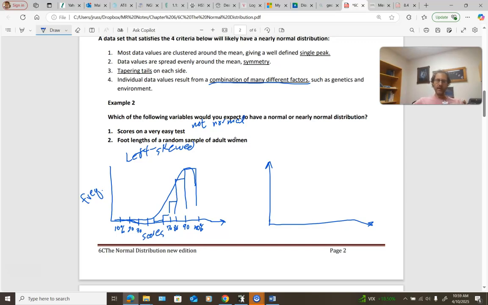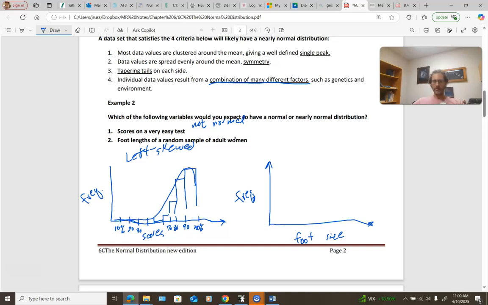But nonetheless, if we collected all these different foot sizes, and we made a frequency table, and then a little histogram, our vertical axis would still represent the frequency, and our horizontal axis would represent the foot size. These could be in inches. Let's not do shoe sizes because I'm not familiar with those.